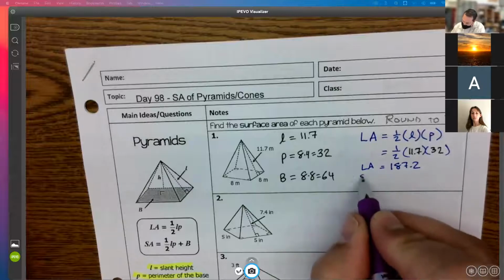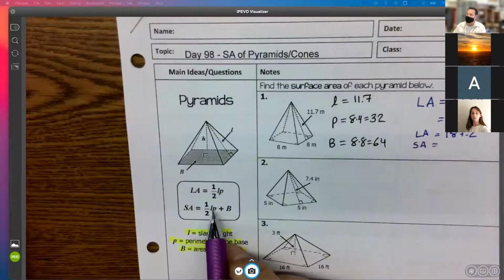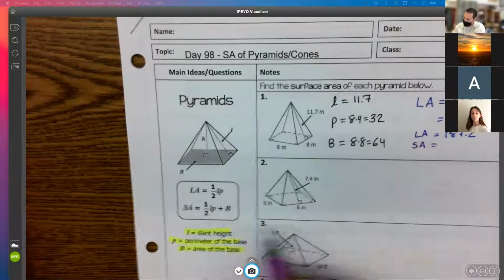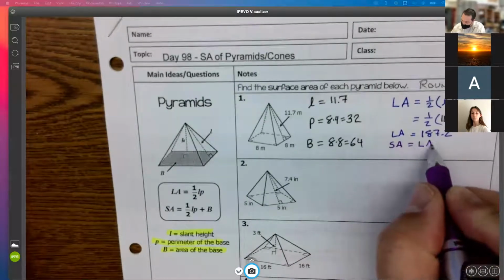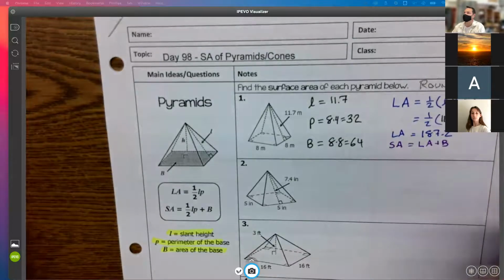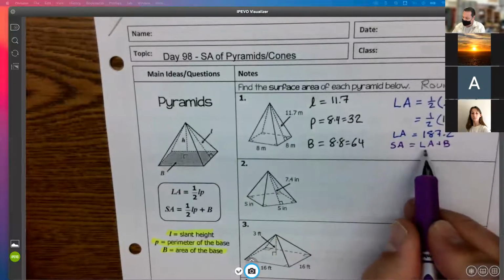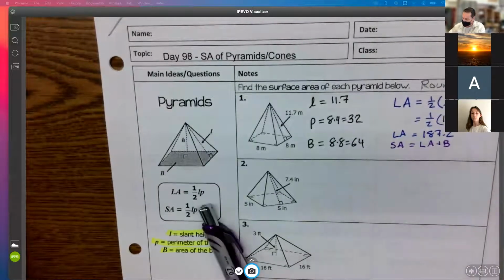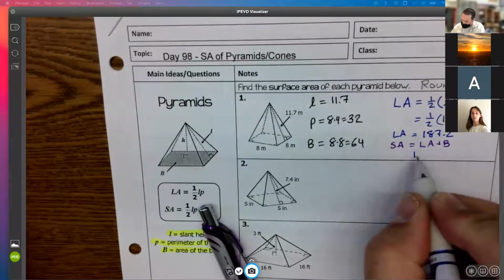And then the adjustment I want to make is that our SA, they put it over here in the formula, but I want you to think about it as the lateral area plus a base. So write it as SA equals lateral area plus base. We just found the lateral area. We don't need to do that again.